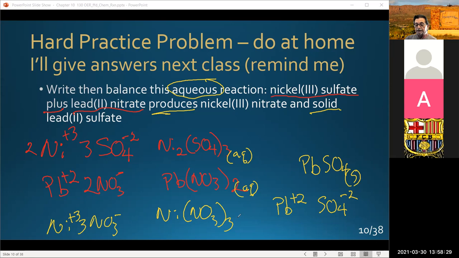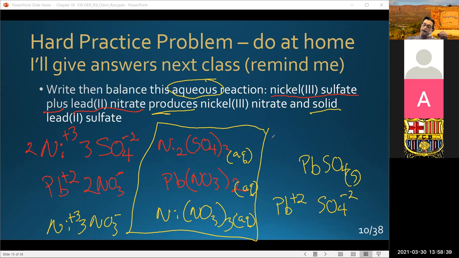And again, the nitrates again are soluble. So these 3 here, as far as the physical state, you will get from the solubility table, but they gave you a hint right here. They're saying aqueous, so those guys are all aqueous. Then they told you what the solid state is here, solid. This, by the way, is an example of one of the 6 reactions we're going to talk about.